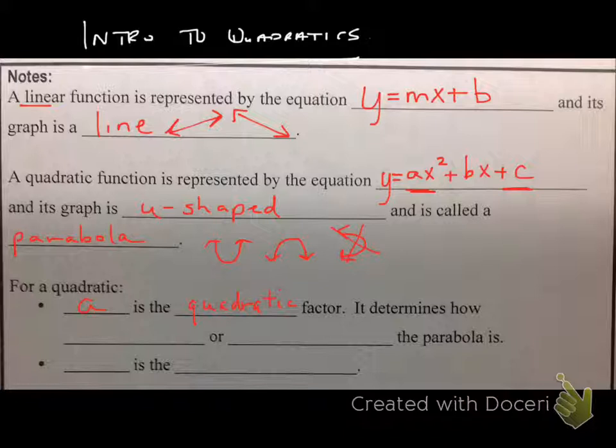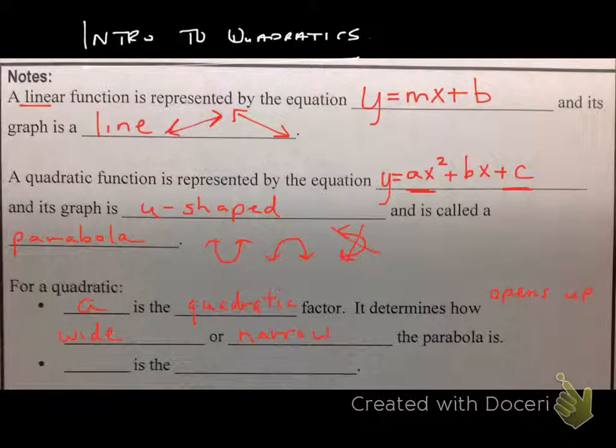But a is a quadratic factor. It determines how wide or narrow the parabola is. It also determines whether it opens up. I'm going to put this on the side.